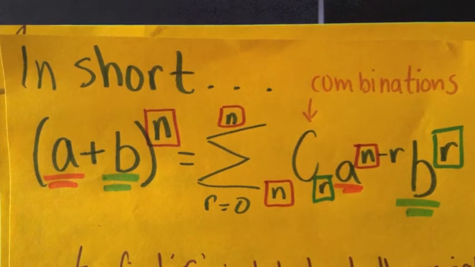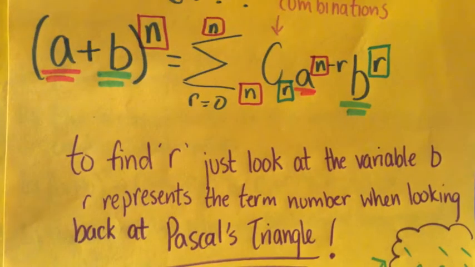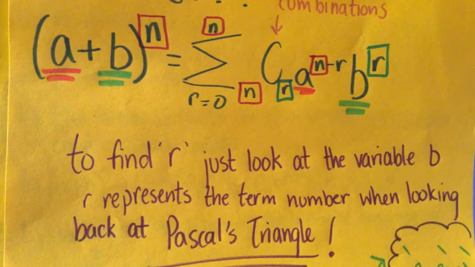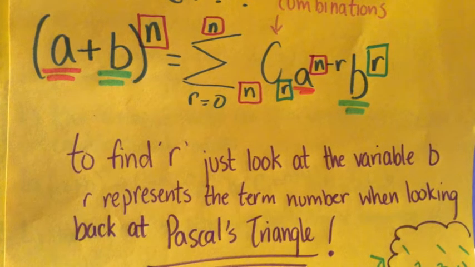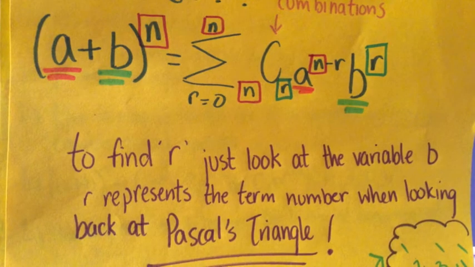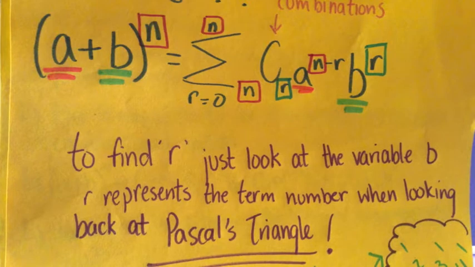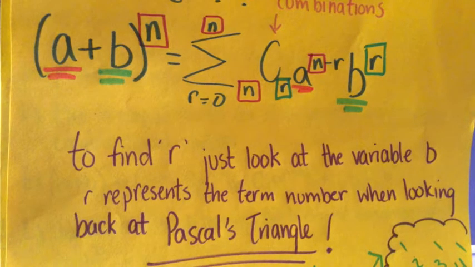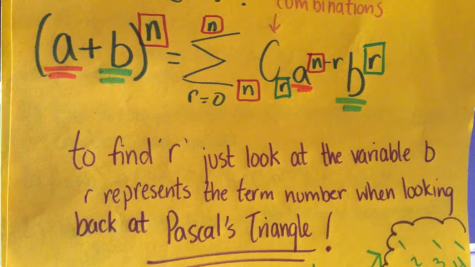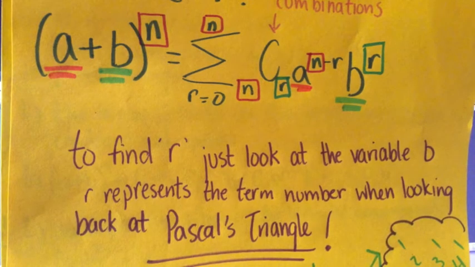Now, we can see from the equation above, r is mentioned 3 times. r equals 0 at first, and it's also mentioned in the combinations. To find the exponent of a, you need to do n minus r. But to really find the value of r, you just have to look at the variable b, and r represents the term number.